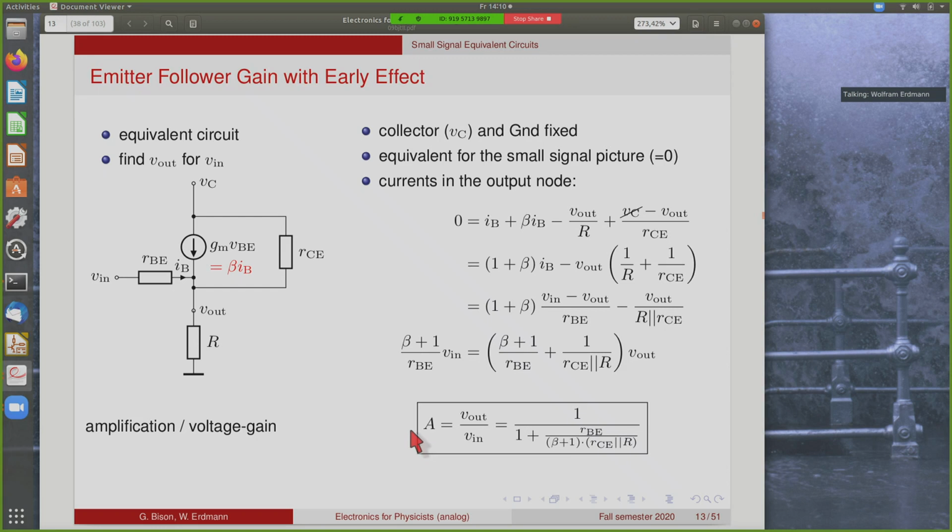So the amplification or voltage gain is the ratio of the two. So this is 1 over 1 plus this: RBE divided by beta plus 1 times the parallel of RCE and R. So this is now obviously slightly different from what we had before, but you can see that this is an expression that is always slightly less than 1, especially if beta becomes a very large number.